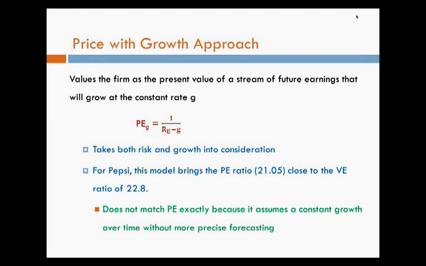Okay, the last thing we'll talk about is the price with growth approach, the fifth ratio. And all it says is you look at the required rate of return and the long-term growth rate, this perpetuity factor that we've been working with, and just 1 over that number is a ratio.